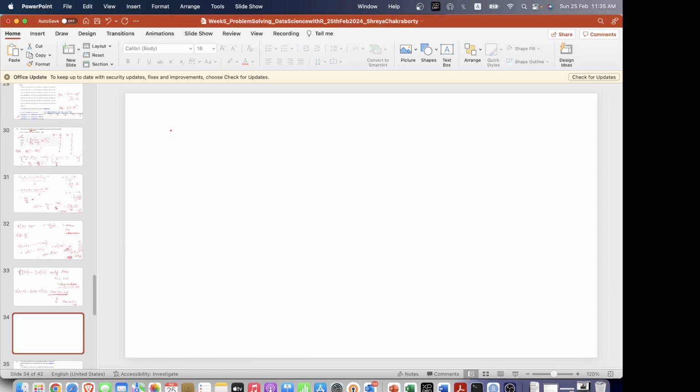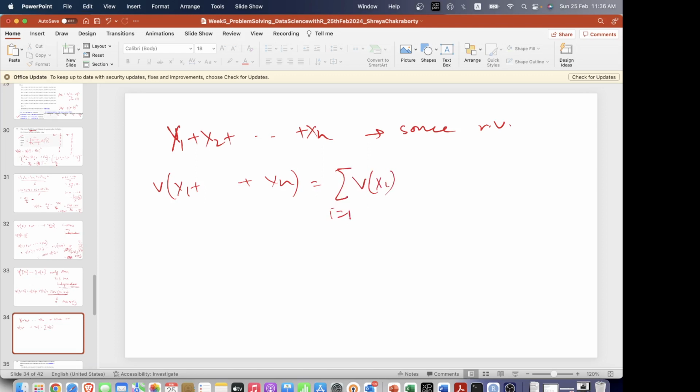Whenever you have some summation, let's say x1 plus x2 plus up to xn, some random variables, then variance of x1 plus up to xn can be written as summation of variance of xi, i equal to 1 to n, plus double summation i not equal to j of covariance of xi and xj.